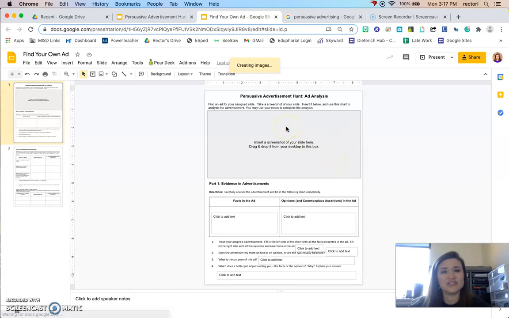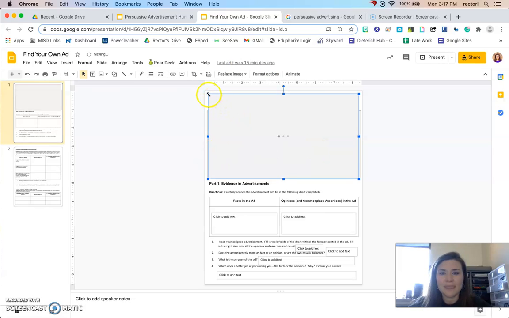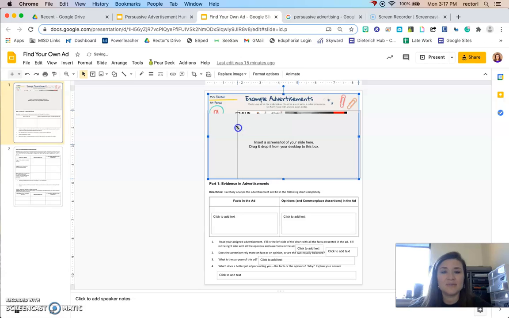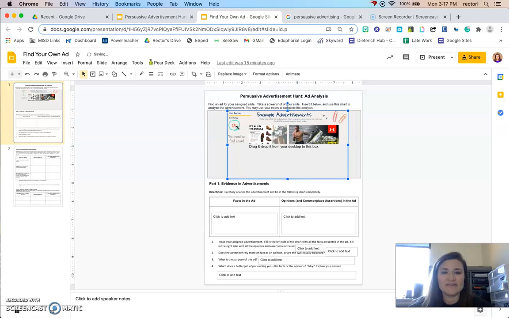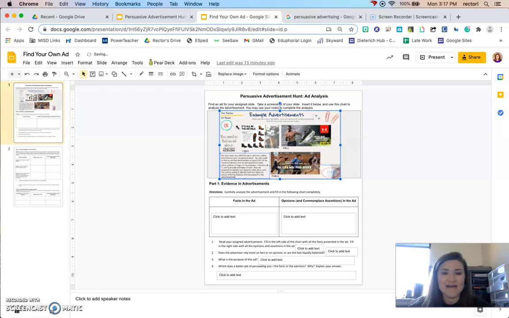It's going to take just a second. There we go. Then I am going to make it a little bit smaller so that it fits right there. Yours is going to be a little bit easier to read because you're only going to have one. Then you are going to look down in the chart and answer the questions that I've given you.